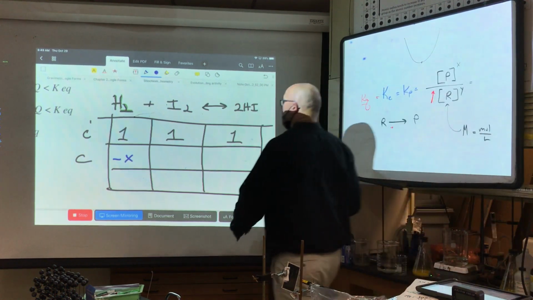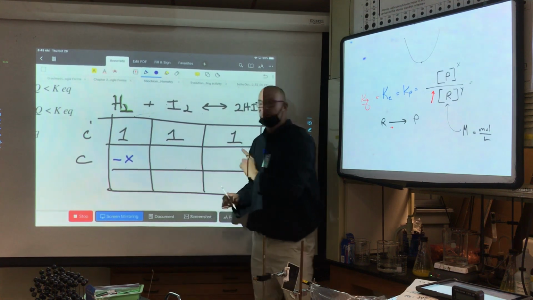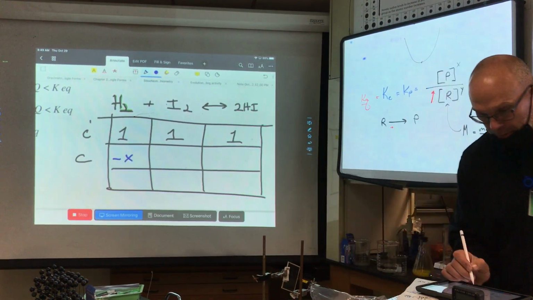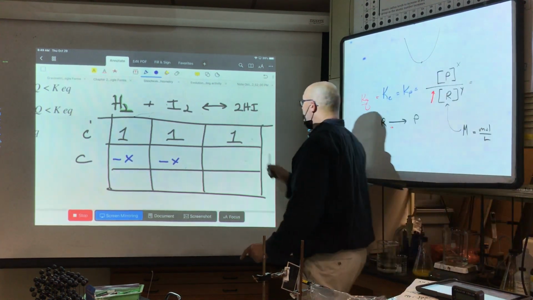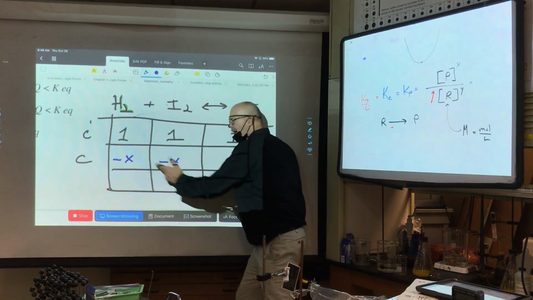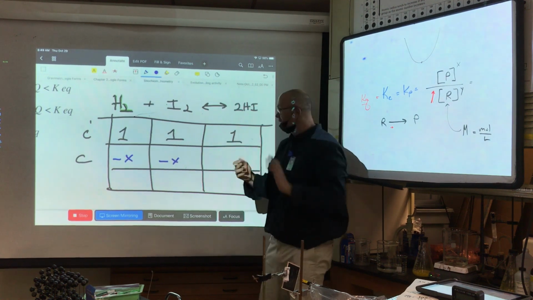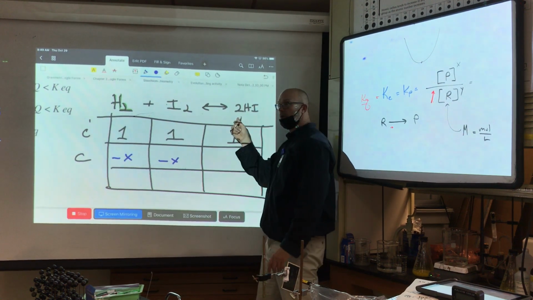Now, hold on. What is this related by? These are both 1-to-1, right? So that's also going to be minus the same amount in moles, correct? Okay, and this you're going to make more of. Whatever this value of x is, it's going to be small, but it's going to go by that. That's going to be the same amount it loses, correct? This is going to gain how much? 1 to 2.